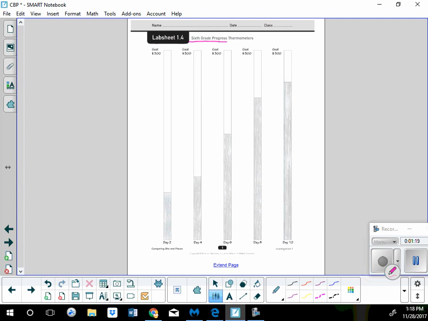And over the course of a couple of days, they measured their progress. So day 2, day 4, day 6, day 8, and day 10, they saw how close they were to meeting their goal. Now their goal is up here, and that's $300. So by the end, they wanted to get up to $300.